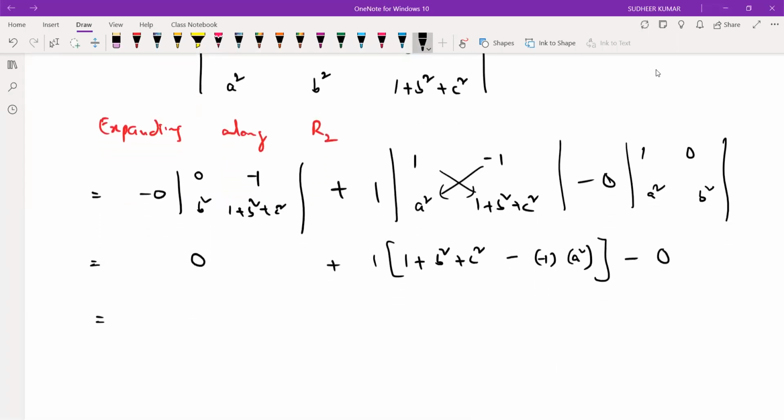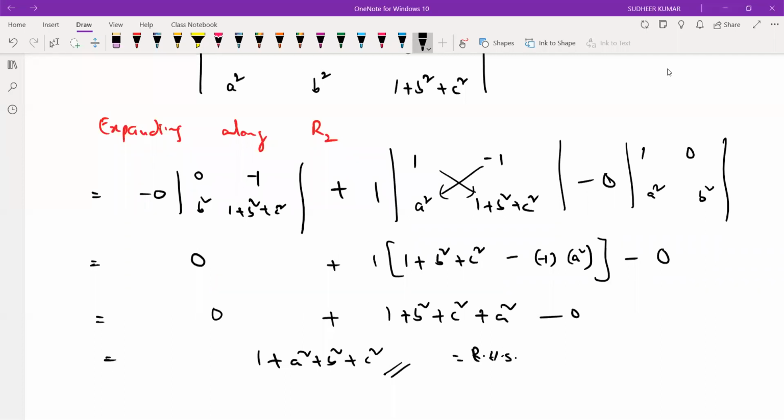So the result is 0 plus 1 plus B square plus C square minus of minus plus A square. So that the answer is 1 plus A square plus B square plus C square. Isn't it? That equals RHS. Therefore, LHS equals RHS and proved.